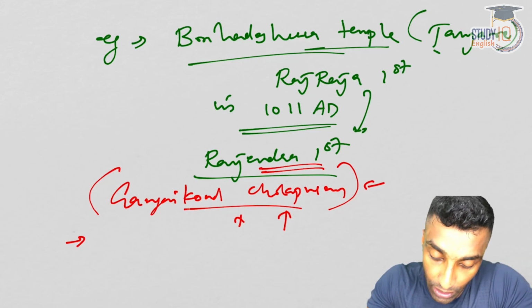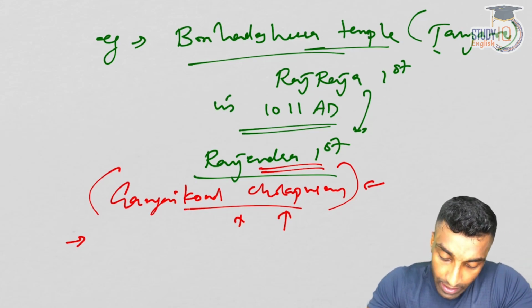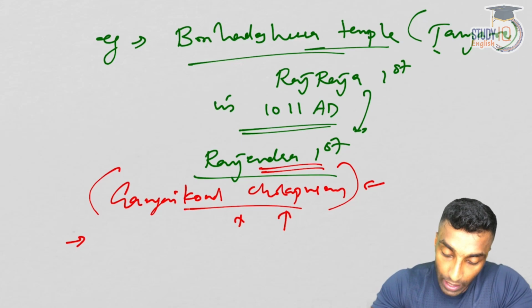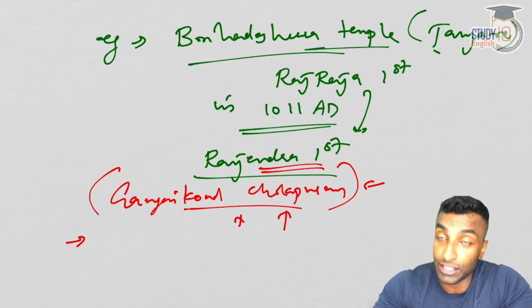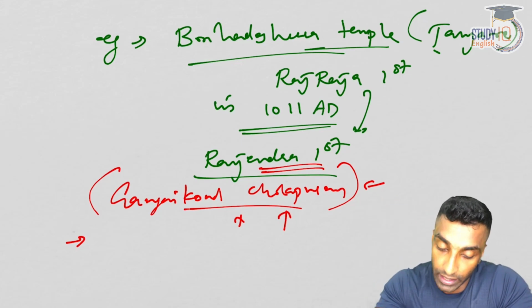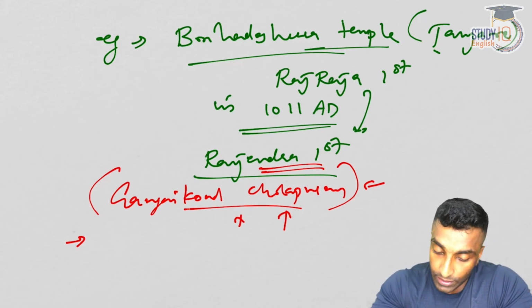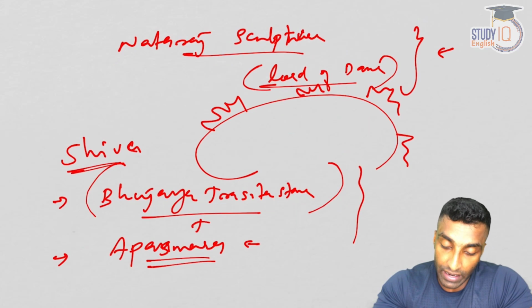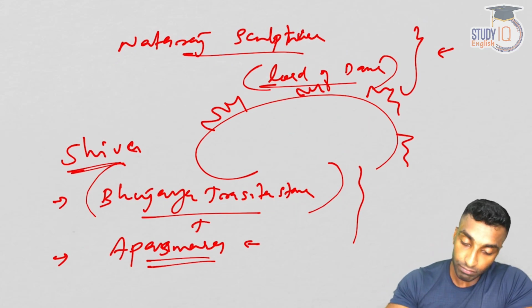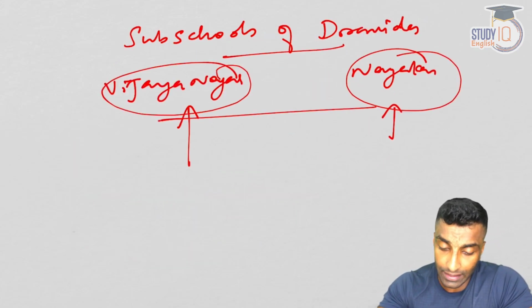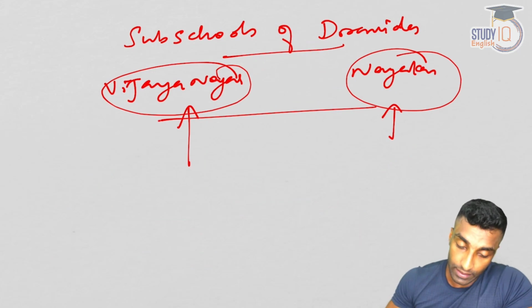Brihadeshwara temple, Tanjore. And then Gangaikonda Cholapuram, which was developed by Rajendra I, son of Rajaraja I. Rajaraja I developed that Brihadeshwara temple in 1011 AD. And then there will be the Nataraja sculpture.